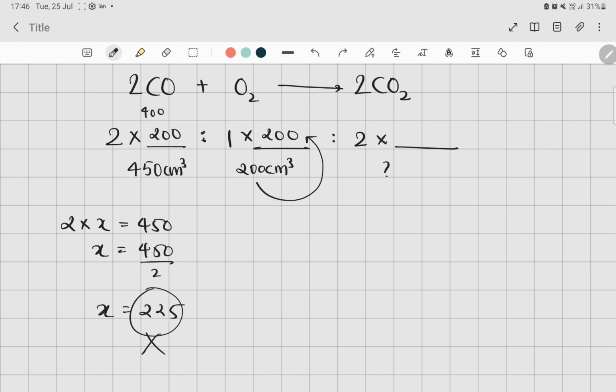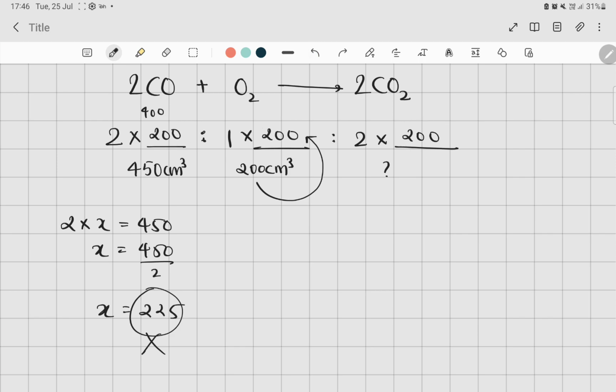The demand was earlier for 225 cm³, but oxygen was not able to fulfill that demand as it was in a lack of quantity. So we multiplied all the numbers by 200. If I am putting 200 here, then I have to put 200 here also, and here too. So now we understood.